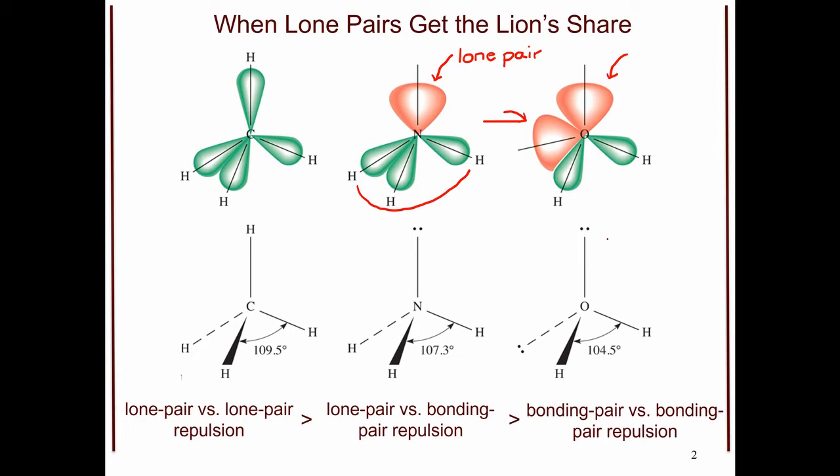If we were to have lone pair versus lone pair repulsion, this is going to be our worst case scenario. You are going to see that in the case of our water. We have 2 lone pairs that are fighting for open space. This is actually going to cause our bond angle in our molecule to be slightly reduced.